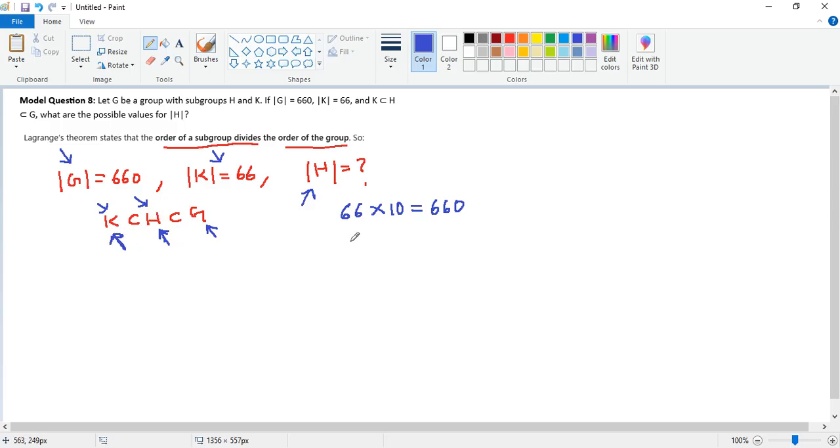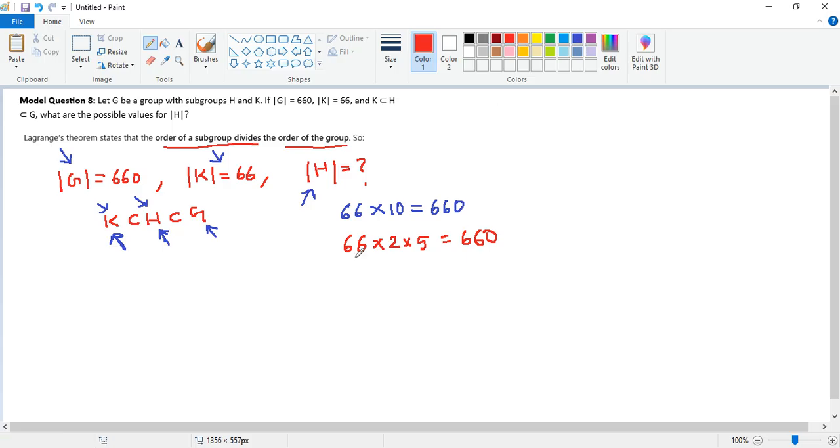So the order of H should be a multiple of the order of K as well. Again, 66 times 2 times 5 is equal to 660, right? So the order of H cannot be 660 because it's less than that, right?